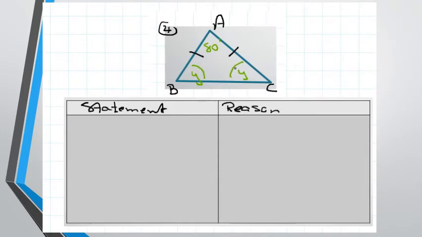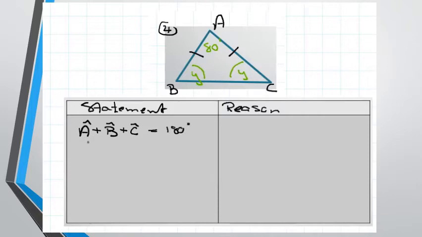By this information that I have on the sketch now, I can say that angle A plus angle B plus angle C must equal 180 degrees.